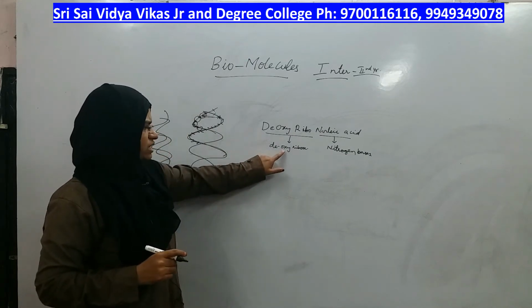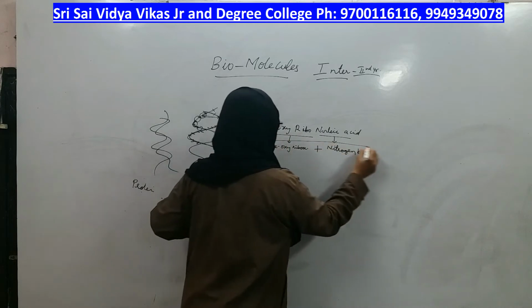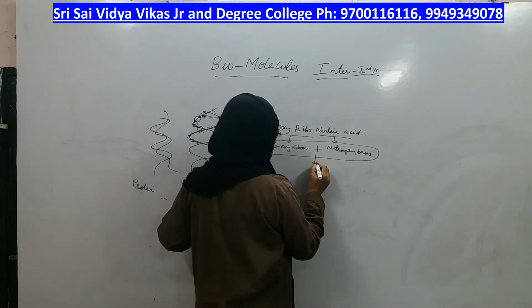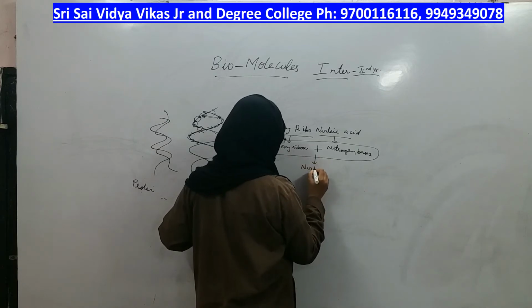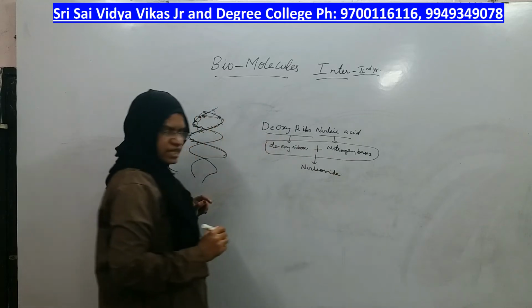So if deoxyribose plus nitrogen base are together, it is called a nucleoside.